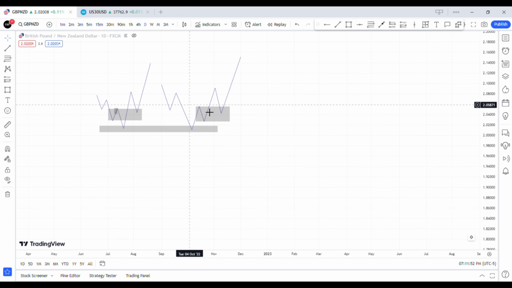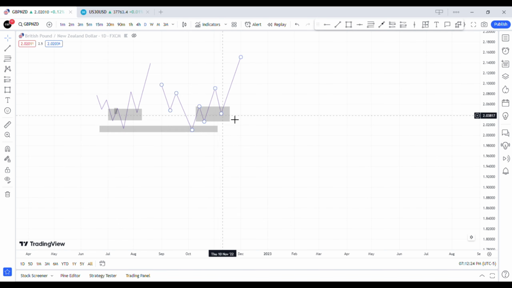Price is either going to use the mitigation block or it is going to come down in here, looking for something in the discount area of this range. So either it's going to be a fair value gap or an order block sitting at the base of this move here. Either the mitigation block at this point, or the order block at this point, or a fair value gap within this range is going to act as support for price here.